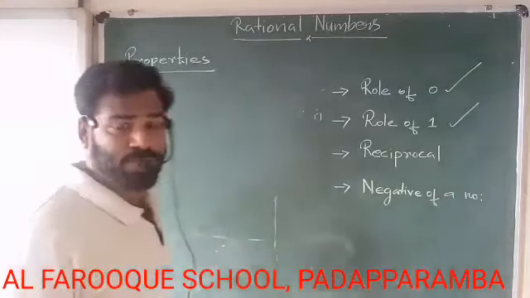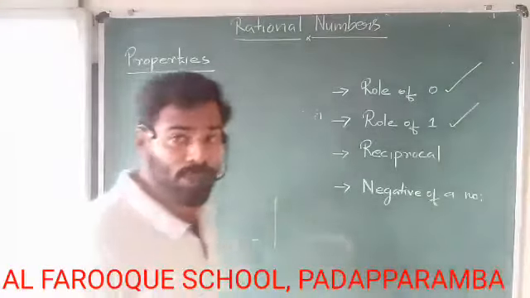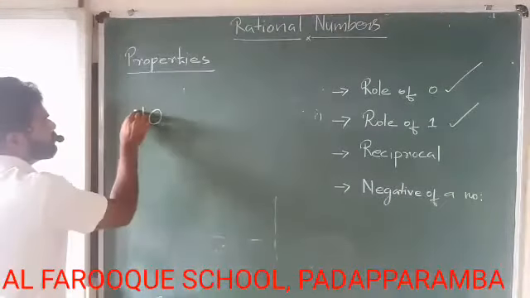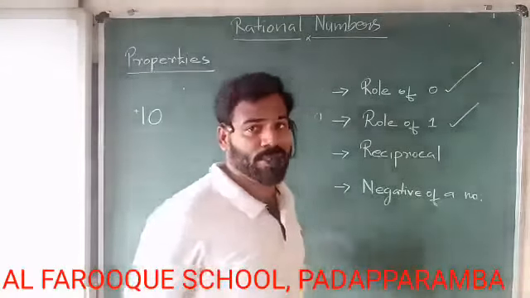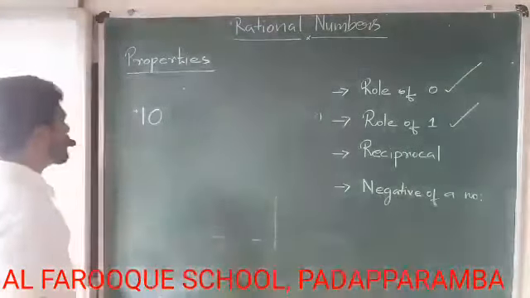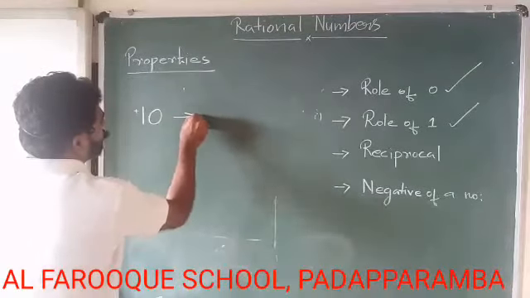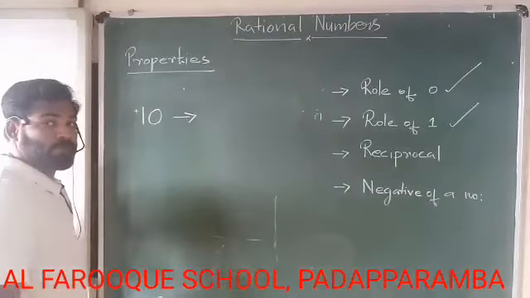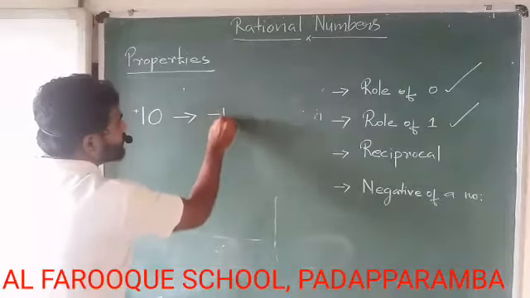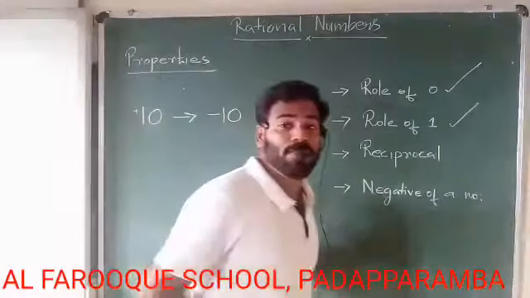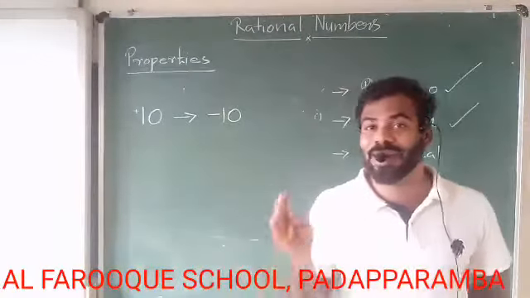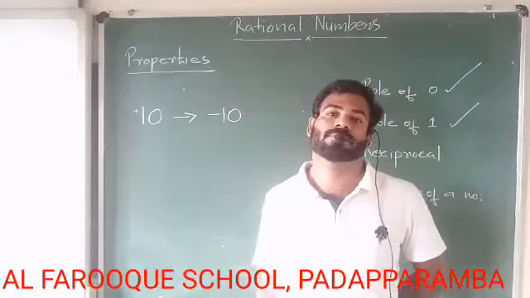What is the sign of 10? It is plus. 10 means plus 10. That is the sign. So what is the negative of 10? Negative of 10 means minus 10. That is all. So we can say that minus 10 is the negative of 10.